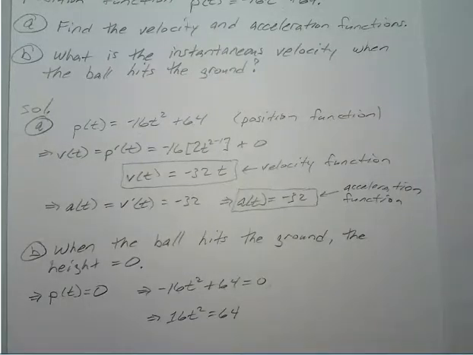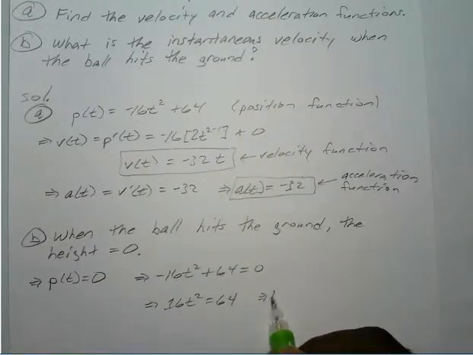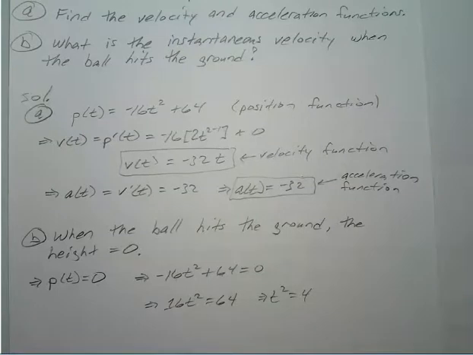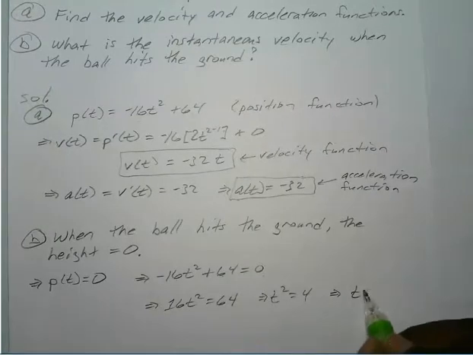If we divide both sides by 16, we end up with t squared equals 4. Square root both sides, we have t equals positive or negative 2. And since time cannot be negative, it just gives us t equals 2.